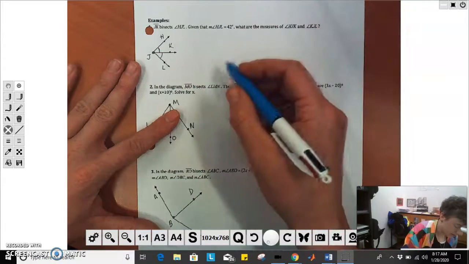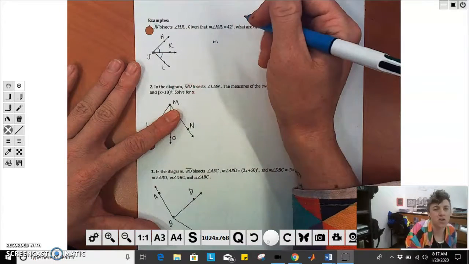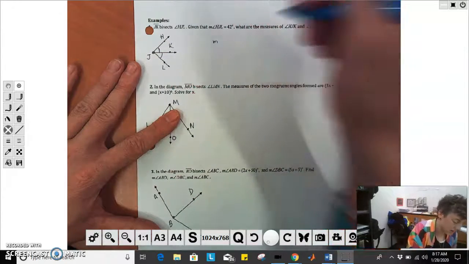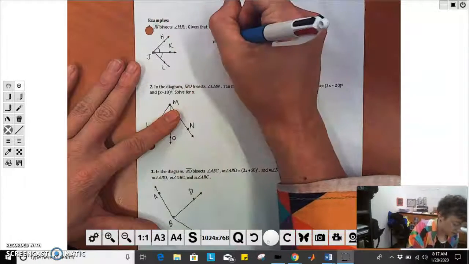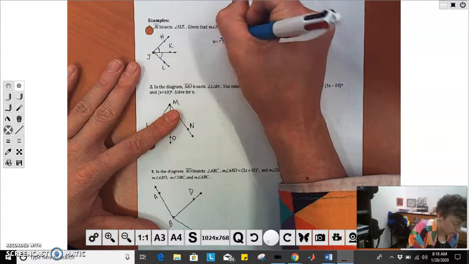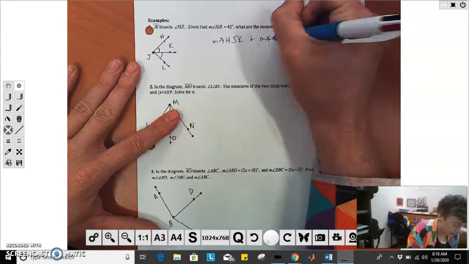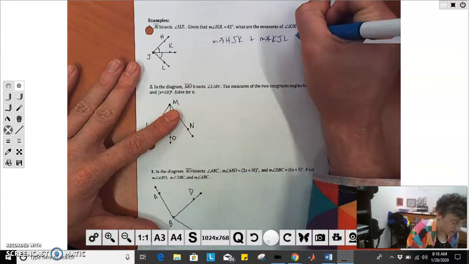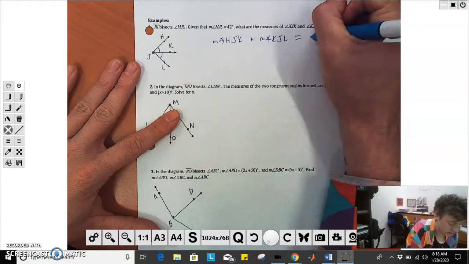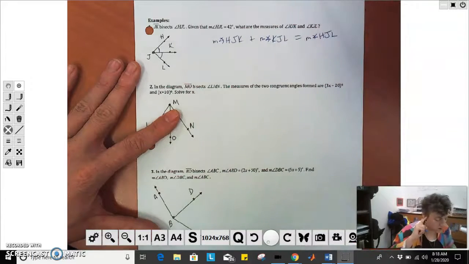I could set this up, since I know by our angle addition postulate that the 2 smaller angles, HJK plus KJL, equal the big one. So those 2 measures of the small ones equal the big one.